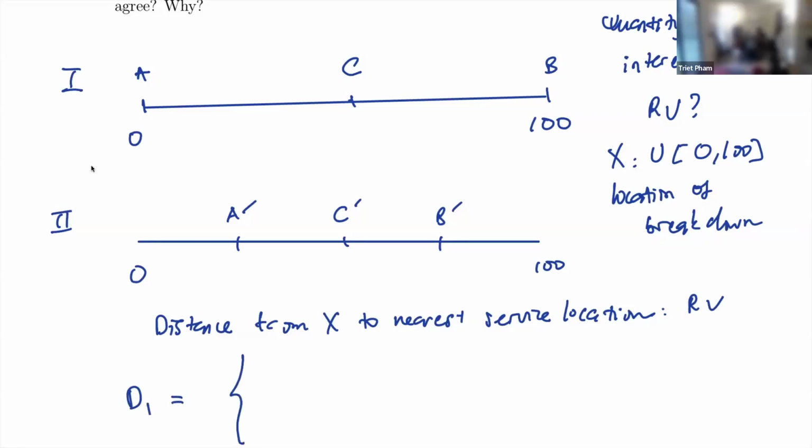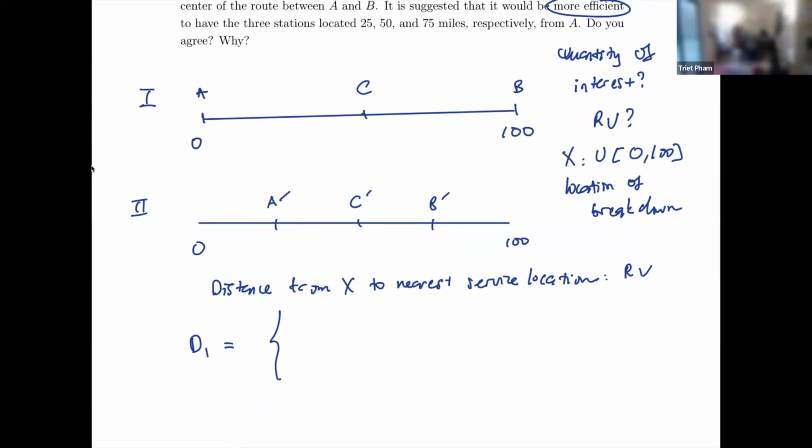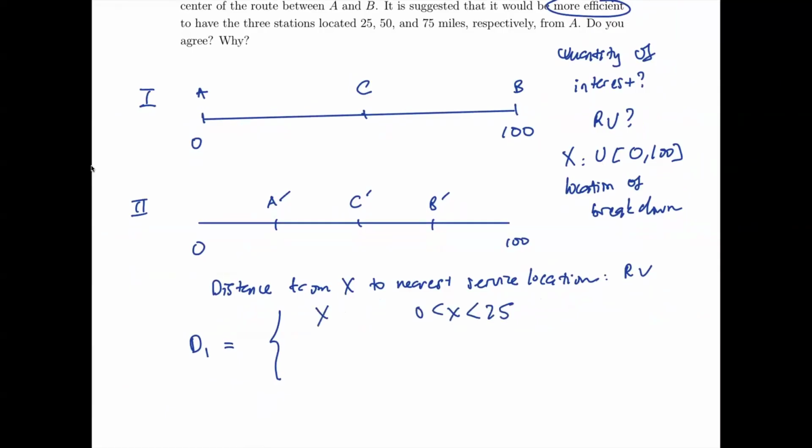Can anyone describe to me what D1 looks like? What this distance to the nearest location looks like under plan one? Of course, description here means description in terms of X. What does it look like? So I'd say the first thing, x being between 0 and 25, it would just be x. Excellent.